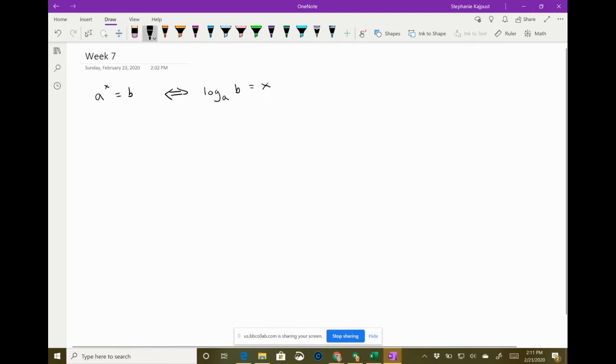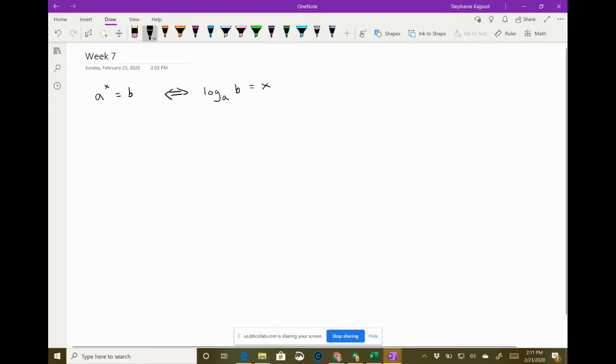So when you take a logarithm, your output is going to be the exponent. It's going to give you what is in the exponent, and you can convert from one form to another. If you have something in logarithmic form, you can convert it back to exponential form and vice versa.